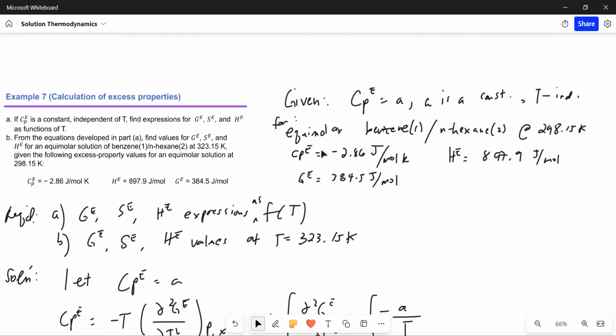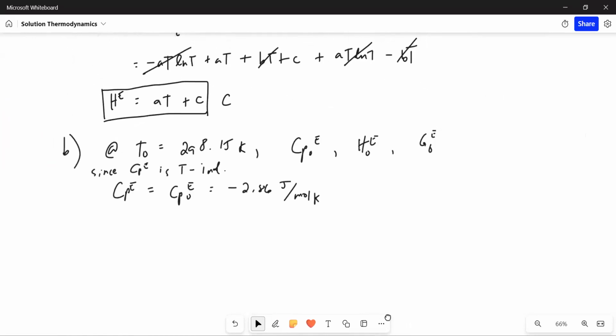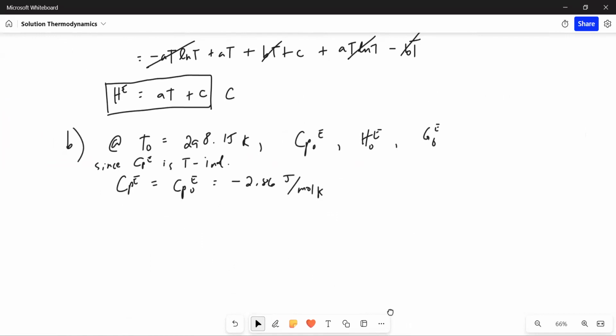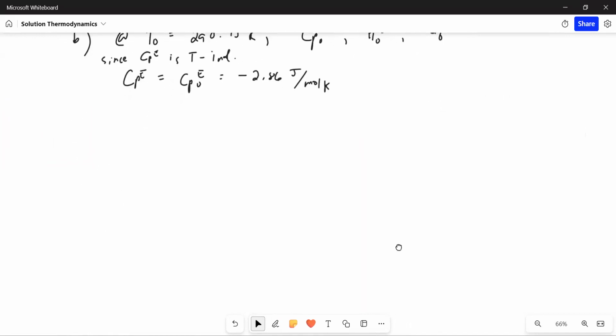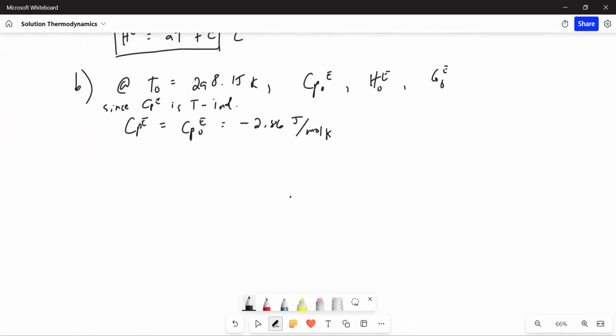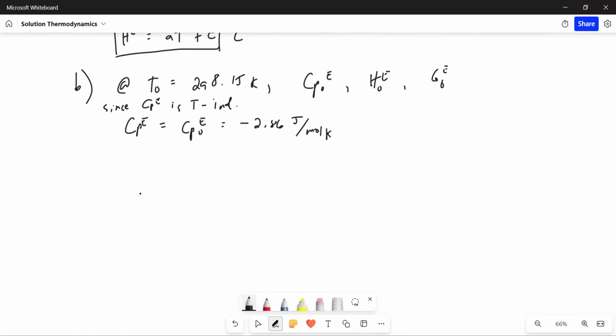This is CP equal to CPE naught because it's temperature independent. So regardless whether it's 298 or 323.15, CP is equal to this value. Next, our goal is to solve for the integration constants before we are able to use the equations to solve for the actual values.